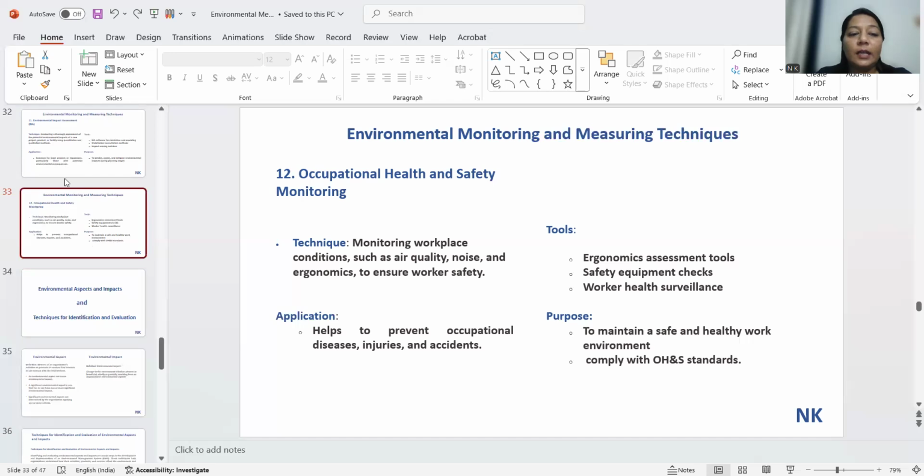So these are the environmental monitoring and measuring techniques, a few of which we discussed here. There are many techniques to monitor and measure environmental performance, as per any industry, any scope, and the scope requirement.